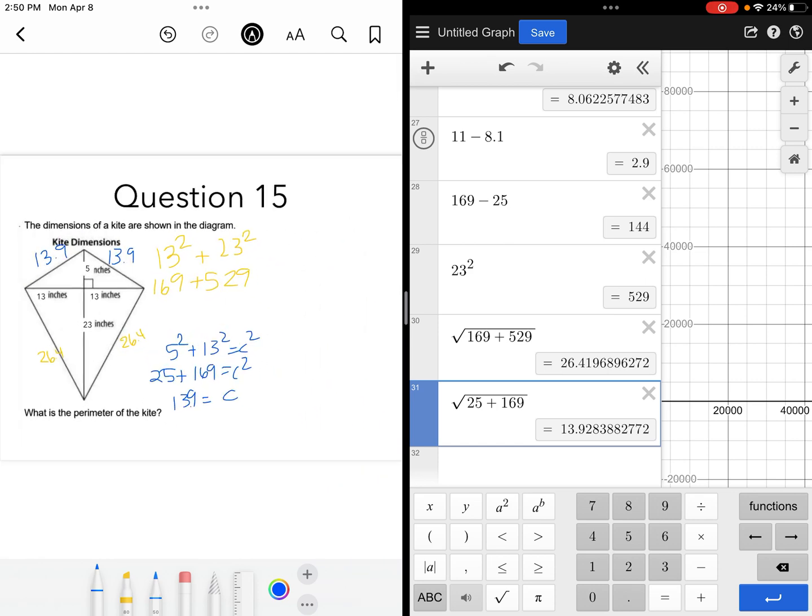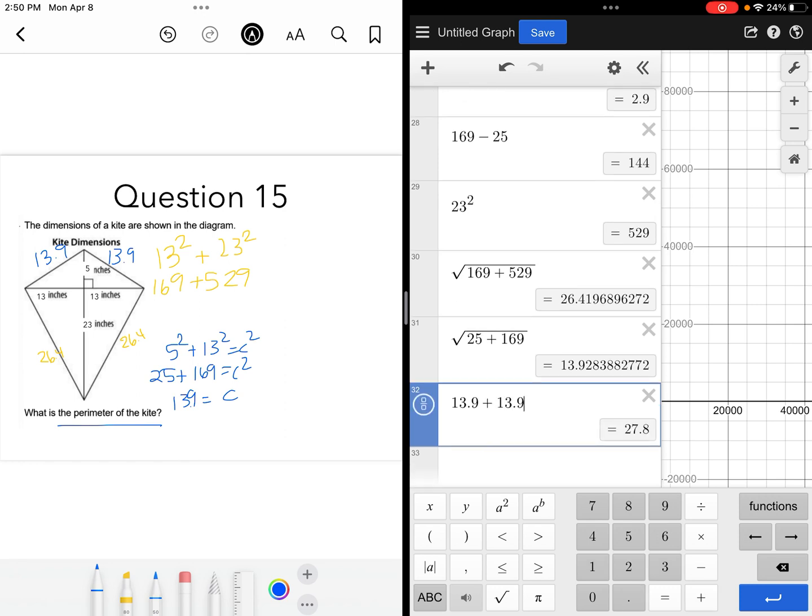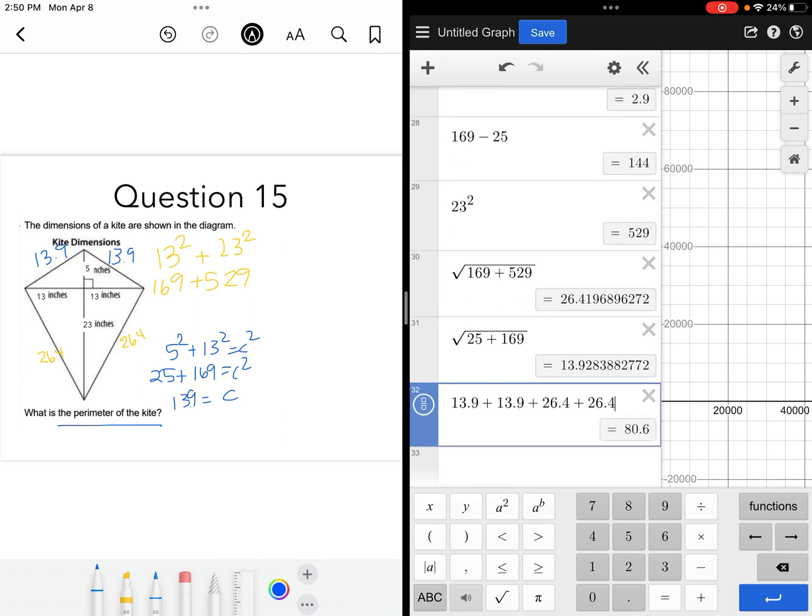Then it says, what is the perimeter? So I have to add it all up. So 13.9 plus 13.9 plus 26.4 plus 26.4. And I end up with 80.6.